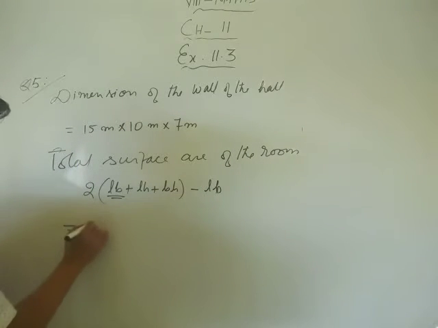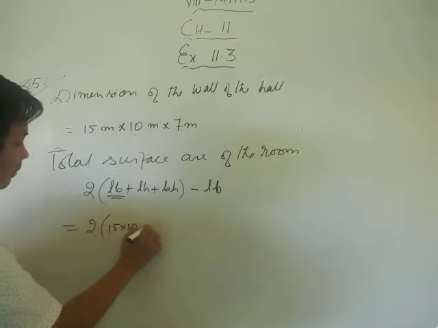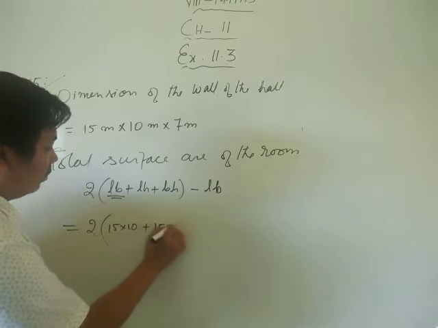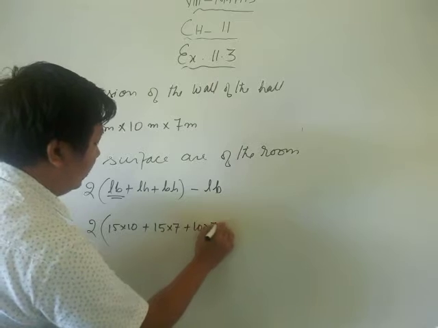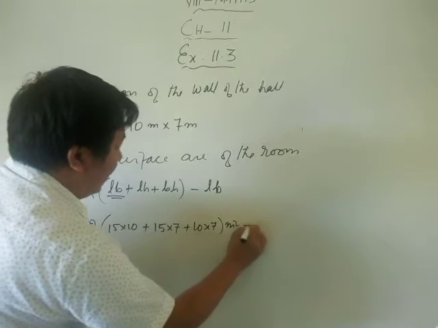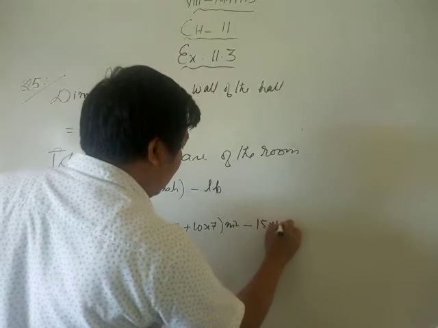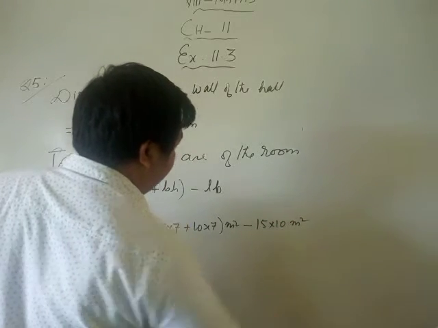So you will get here 2 into (15 into 10 plus 15 into 7 plus 10 into 7) meter square minus LB, which is 15 into 10 meter square.